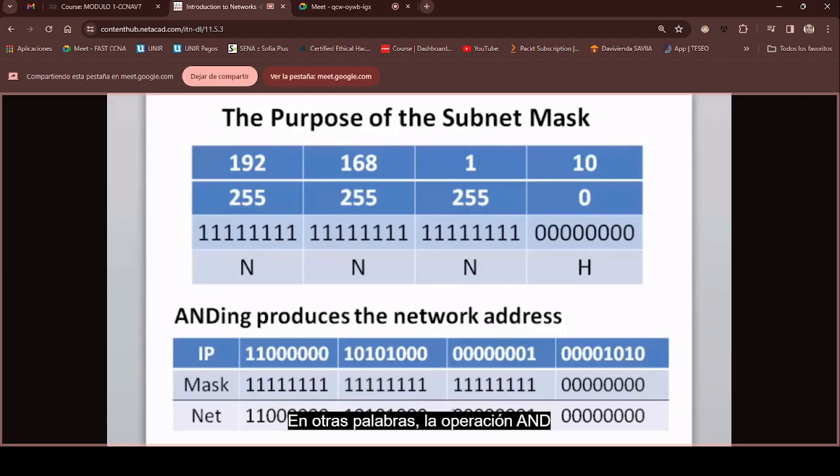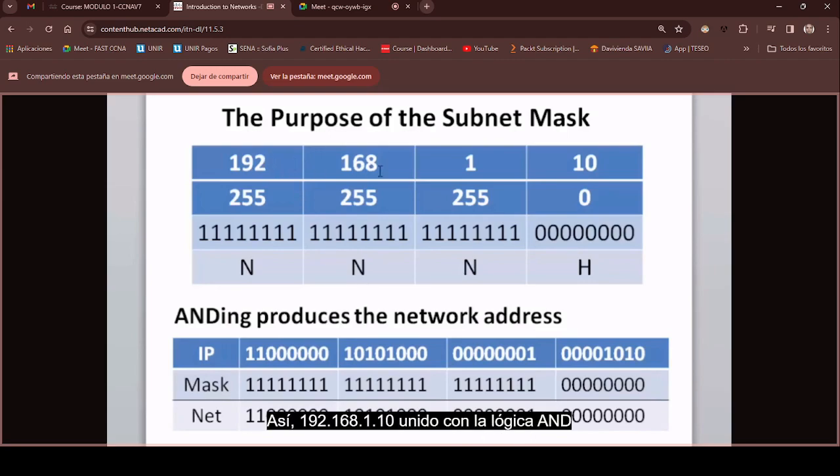This ANDing process is a logical process. So a true and a true makes a true, and a false and a true makes a false. And if we logically AND the IP address with the subnet mask, we get the network address.